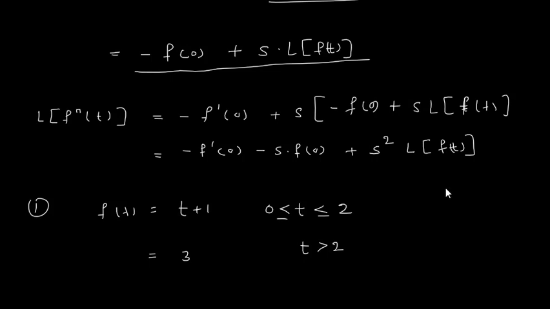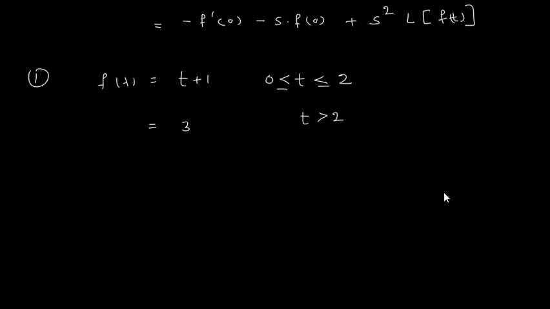We have to find Laplace of f of t. This is the first problem. Second, we will check what is Laplace of f dash t, and third we will check what is Laplace of f double dash t.